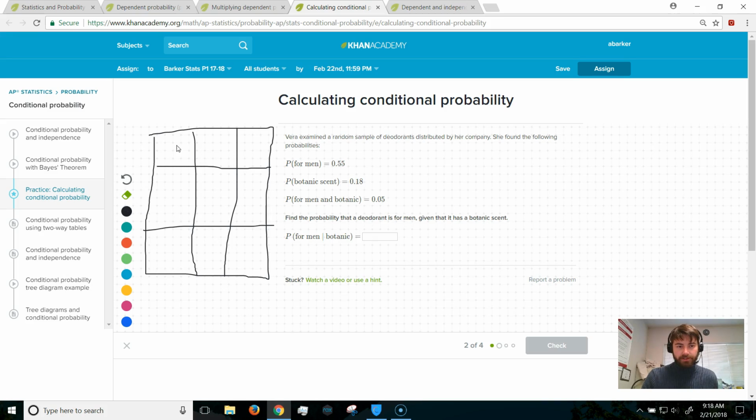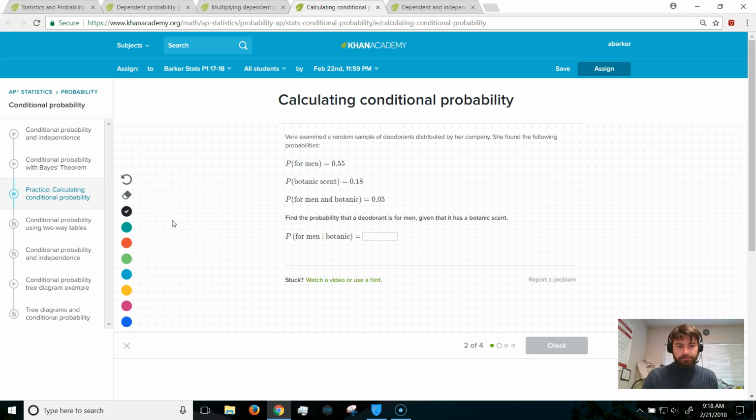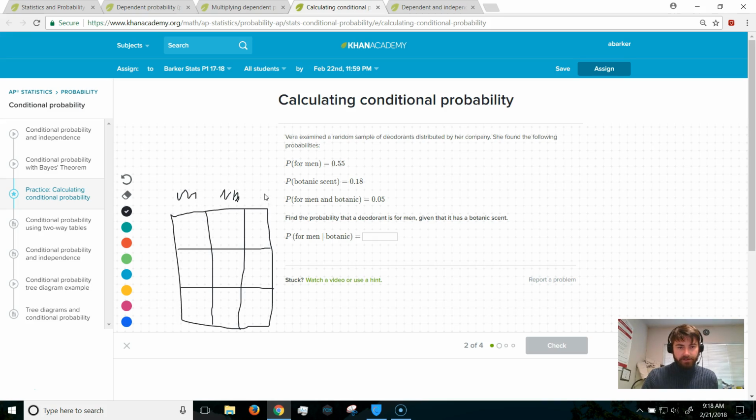I'm going to clear everything. Okay, so M for men, and then NM for not men, and then here's the total. And then on the side here, I'm going to do botanical scent, and then not botanical scent.